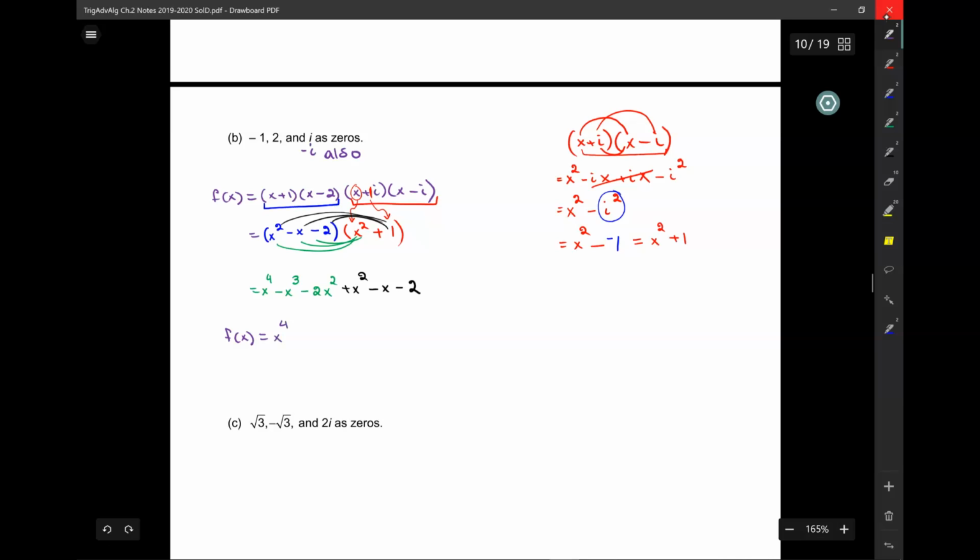This is x to the 4 minus x cubed minus x squared minus x minus 2. 4 terms.